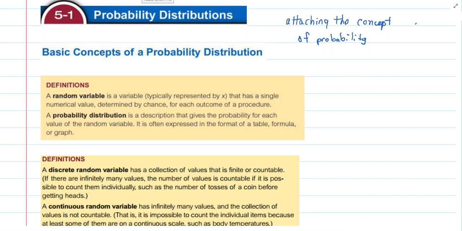Well, we finished chapter 4 and learned about probability and different forms of probability.